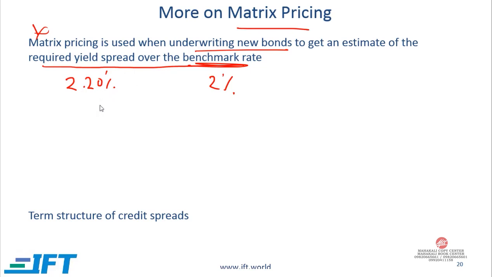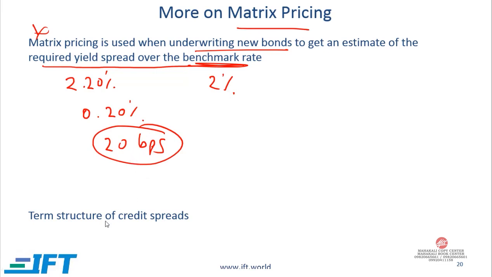This means that the yield spread over the benchmark is 0.20%, but this is expressed as basis points, and in basis points, 0.20% would be 20 basis points. So we can say that the required yield spread over the benchmark is 20 basis points.